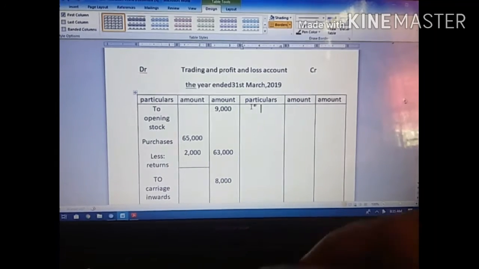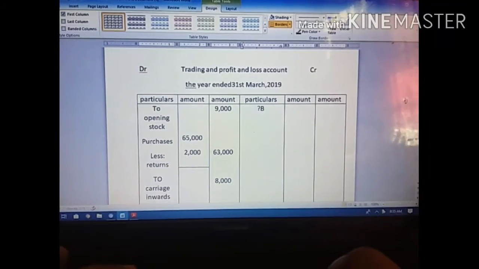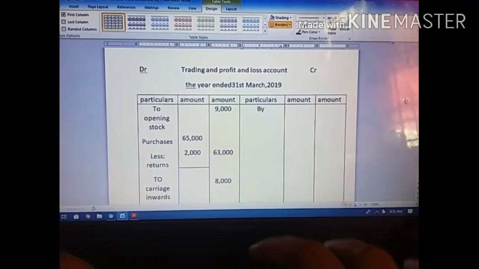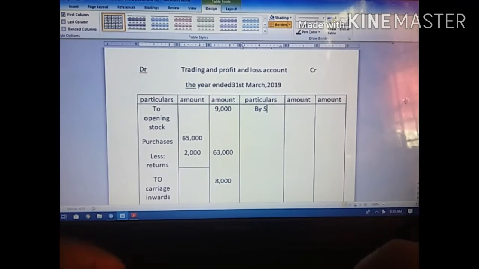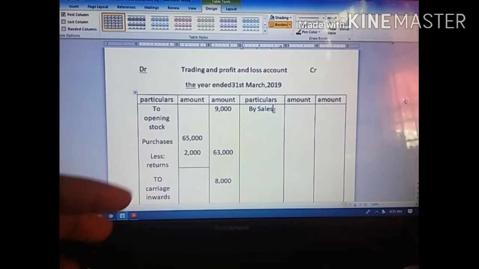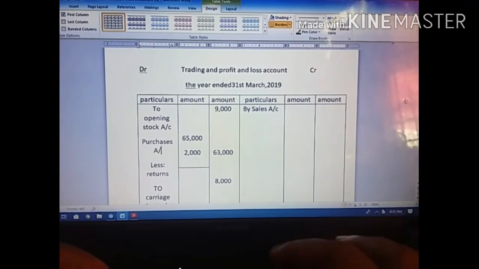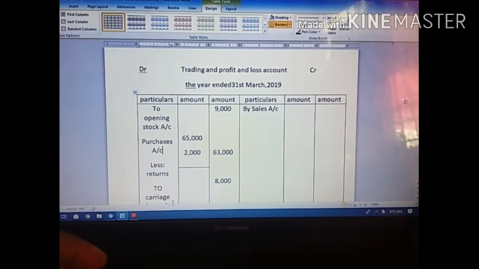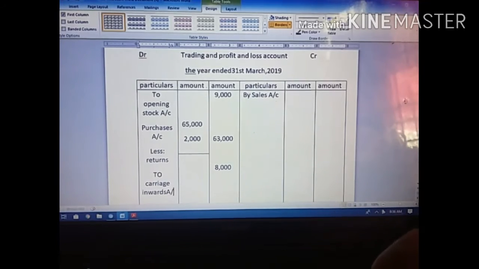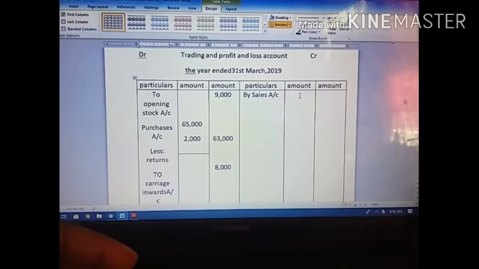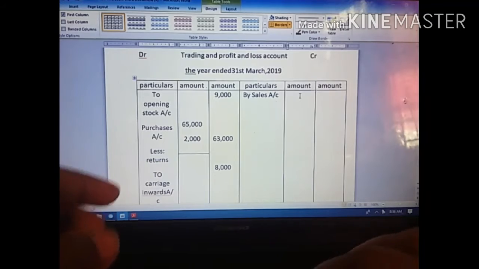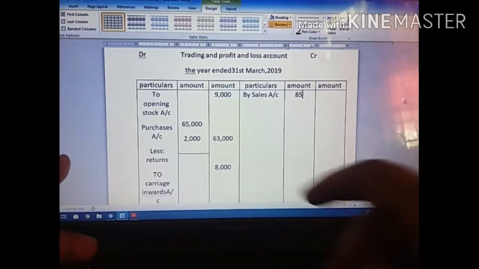Then I have to move to the credit side, by sales. They have total sales, by sales account. Whenever you write an account, purchase account, carriage inward account. So in the sales account, they have given total sales of 85,000 in this problem, so I have to write 85,000.